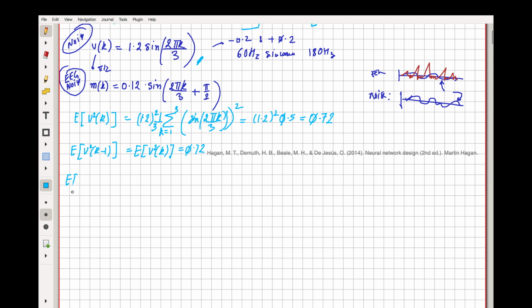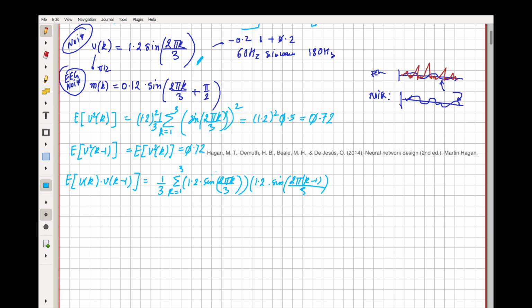So expected value of v_k times v_{k-1} is equal to 1 by 3 sigma k equal to 1 to 3 of 1.2 sine 2 pi k by 3, multiplied by again 1.2 sine 2 pi, this time (k minus 1) by 3.